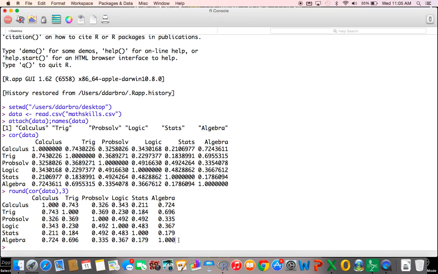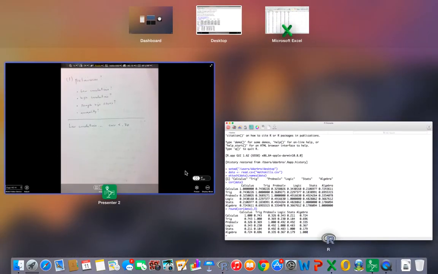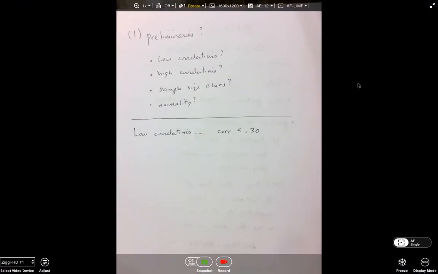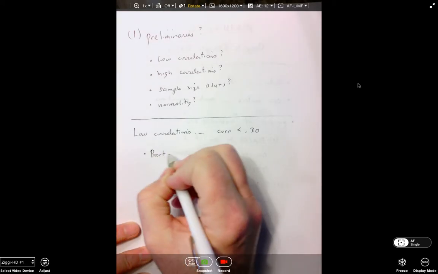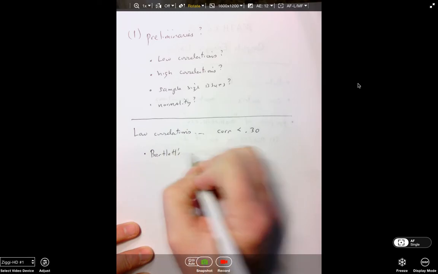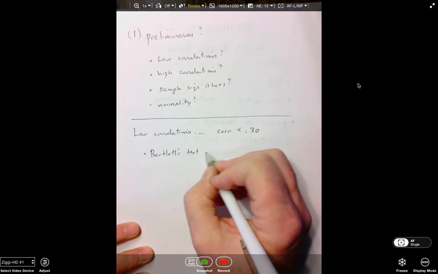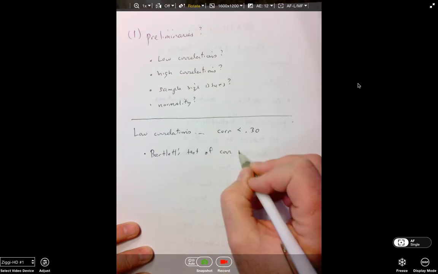So I've got an issue to investigate with this low correlation. So guys, here's the way we do that more objectively and more technically. What we run is a Bartlett's test of the correlation matrix.